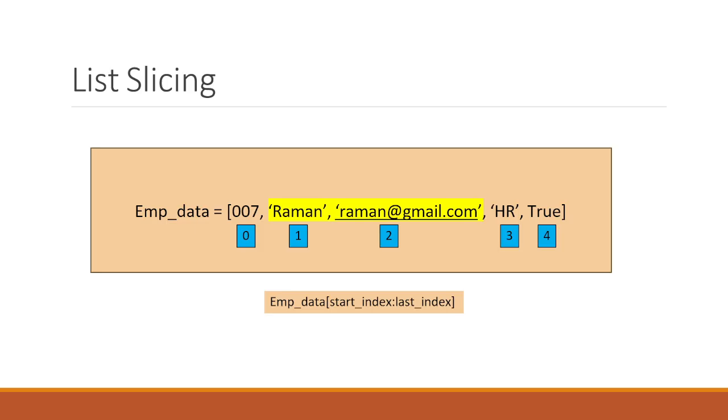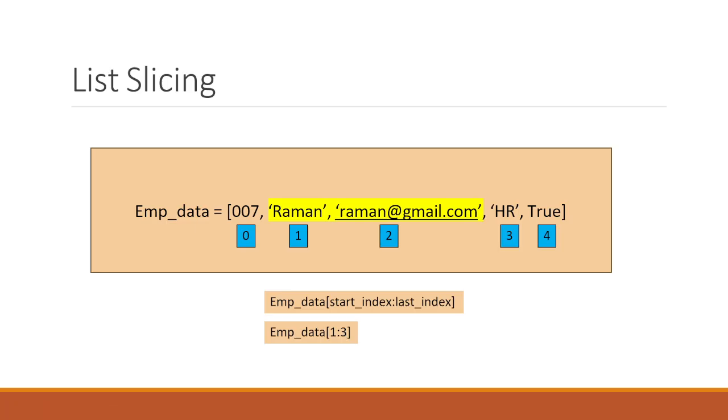By default it will increase by 1, but if you want to increase by 2, 3, 4, then you have to write some step value. Here you can see employee data 1 colon 3. Now here we want to take only these two values, but we have given number 1 colon 3. Why are we getting this 1 colon 3? Because the last value will be in the form of n plus 1.